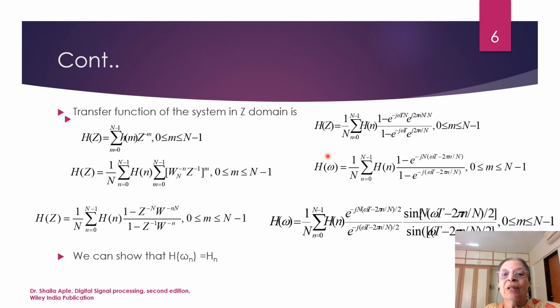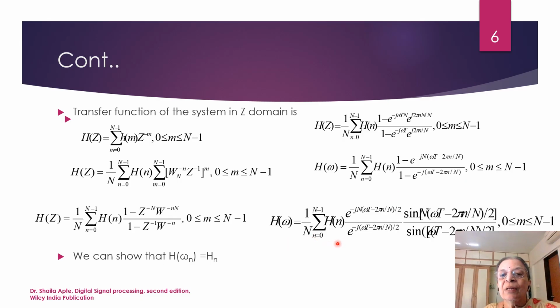Then if we want to calculate the corresponding frequency response, we'll have to write H(z) as H(omega), where we will be calculating the corresponding response with respect to omega, and here it is e raised to minus j omega t. So this omega we have already substituted. So this H(omega) is the corresponding frequency response.